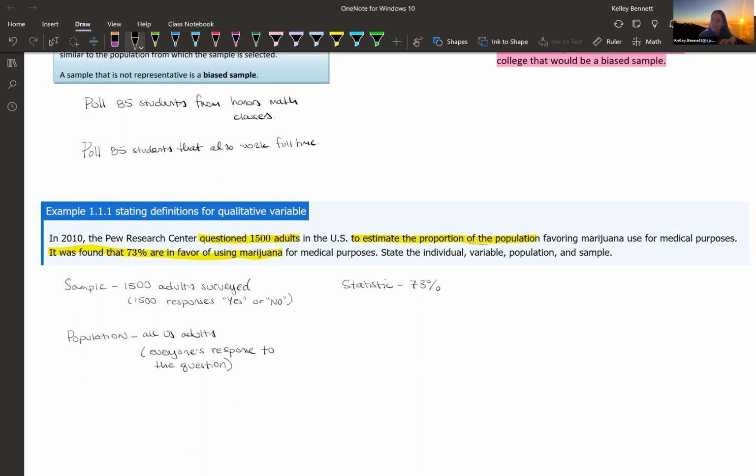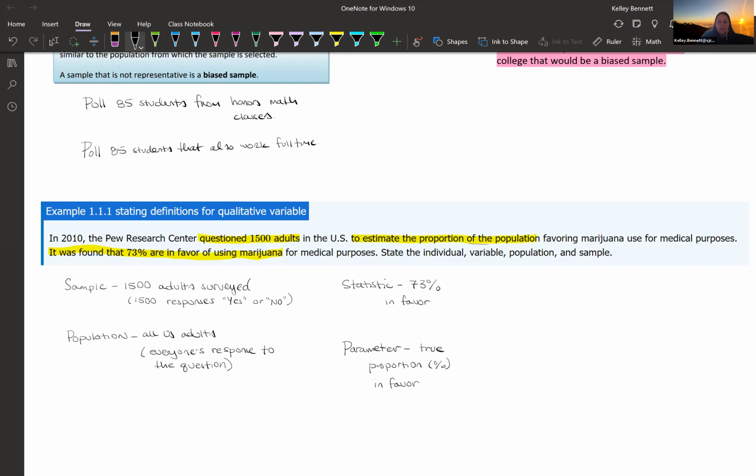So statistic goes with sample, parameter goes with population. So the statistic is 73% are in favor. For the parameter, again, we didn't ask all US adults because we can't and we don't want to, it is the true proportion in favor of using marijuana for medical purposes.